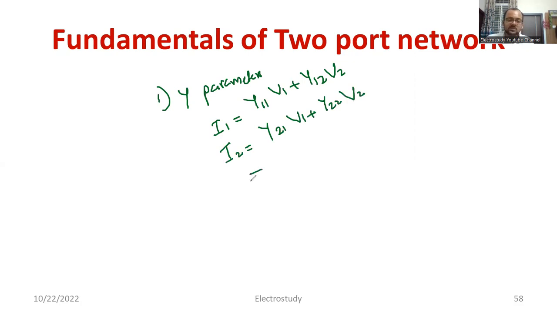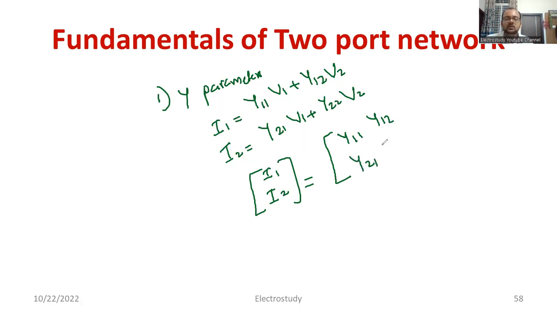You can express the same parameters in the form of a matrix. First column I1, I2 is a column matrix. Now you can express the admittances in the form of a matrix Y11, Y12, Y21, Y22, and you can mark V1, V2. I think it's clear to everyone. This is called a Y parameter. All right, make a note of this.